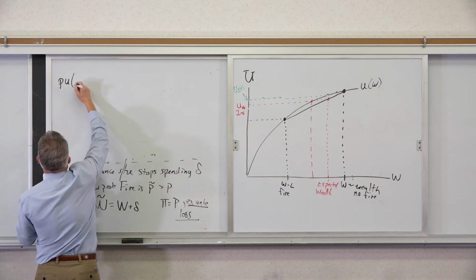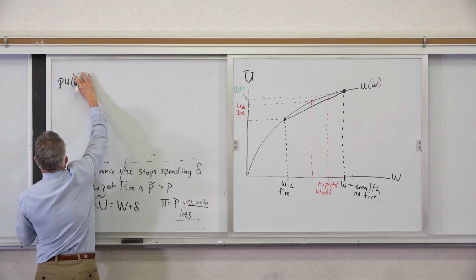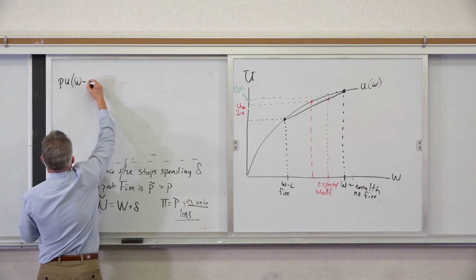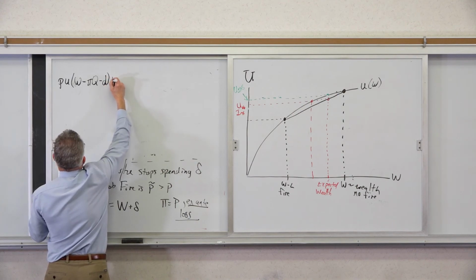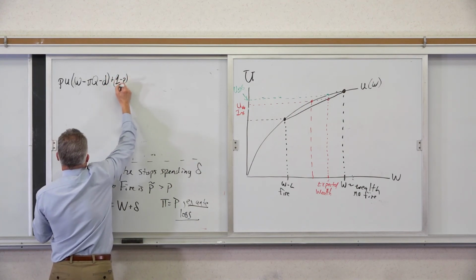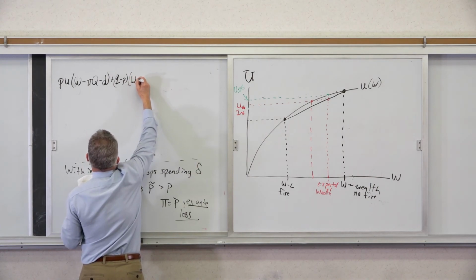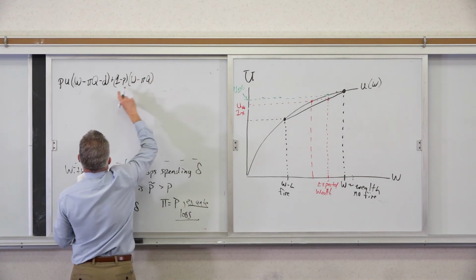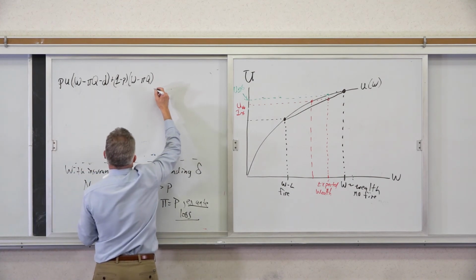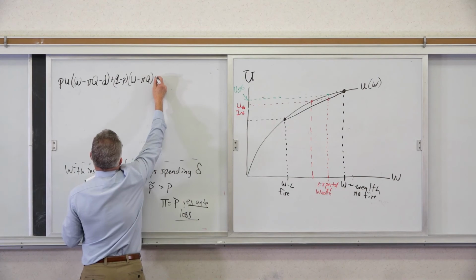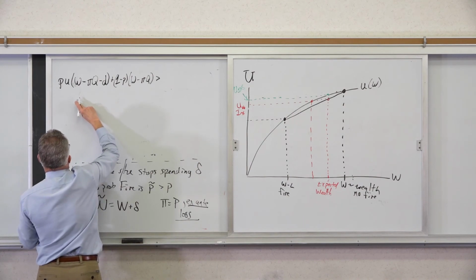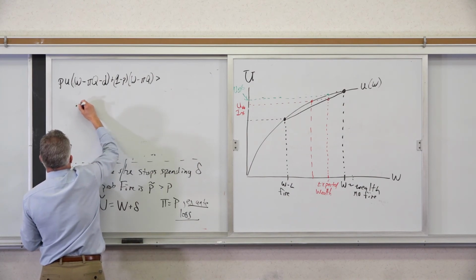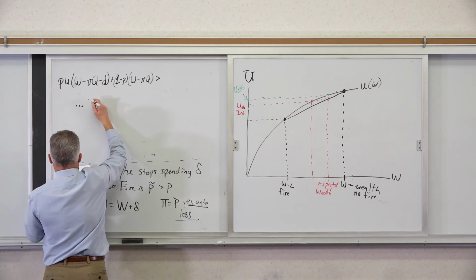The probability of W minus pi Q minus D plus 1 minus P, W minus pi Q. So I've got my deductible in there, and I want to make certain that that is greater than, I'll write it over here so I've got enough space. So it's greater than P tilde.